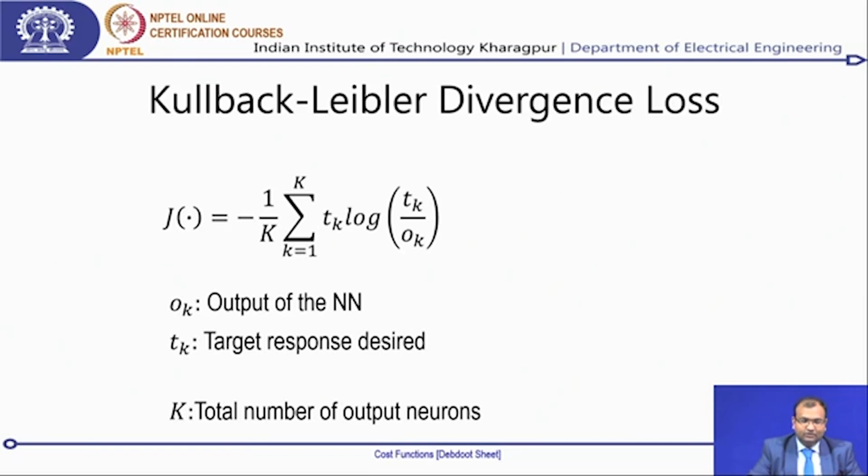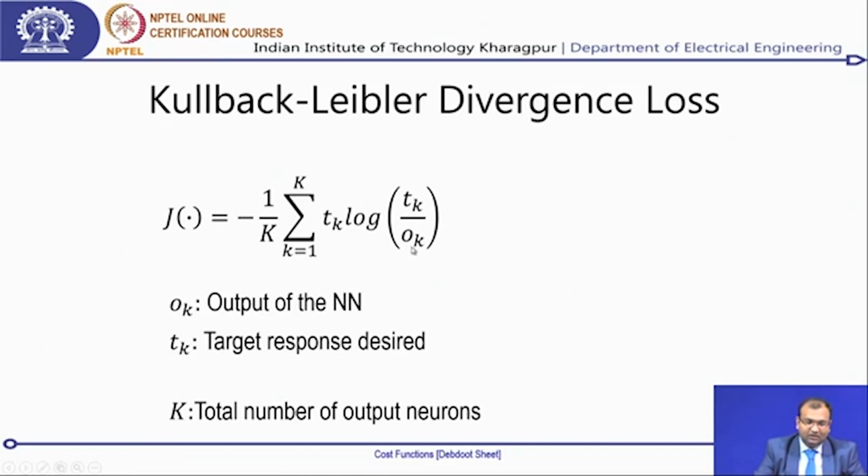Now, the other one is what is called the Kullback-Leibler divergence, and this is an information theoretic loss function. You have your TK, which is the target response, and OK, which is the output from the neural network, and this is again a multi-hot vector. Your k can be a particular location you are taking on your predicted class, or it can even be a class label if you would like to take it that way.